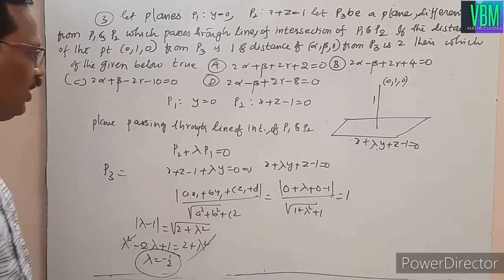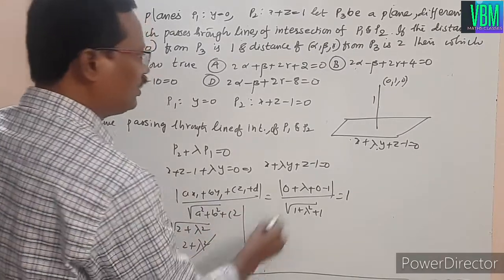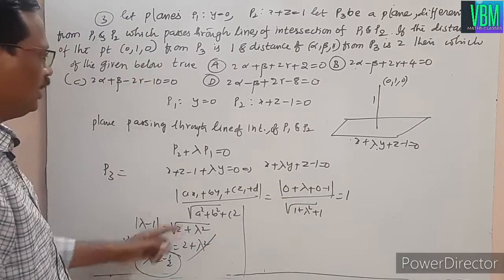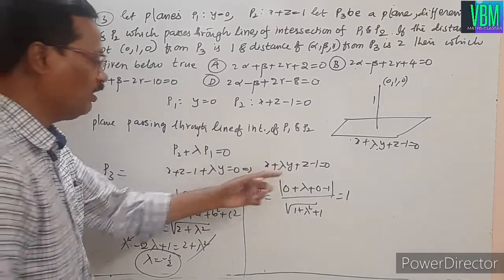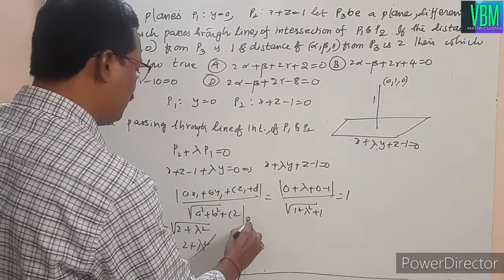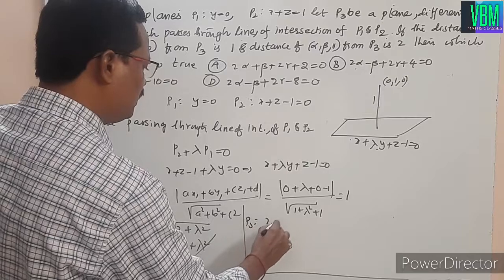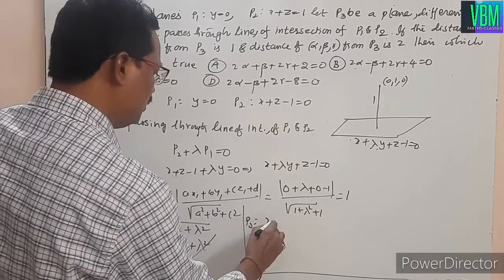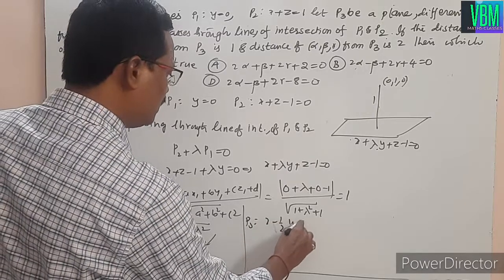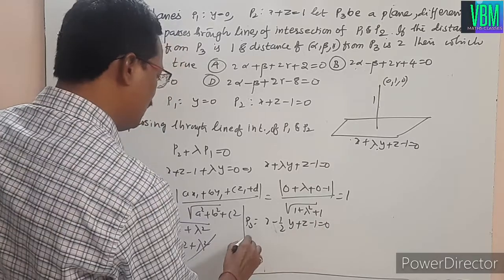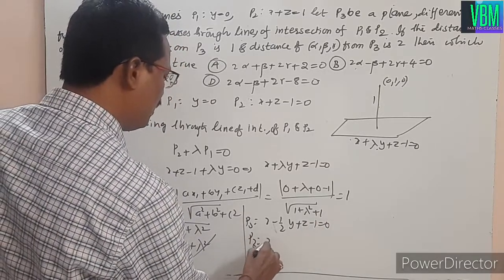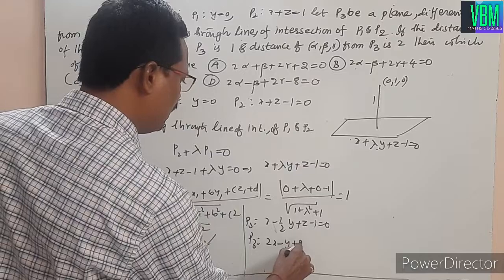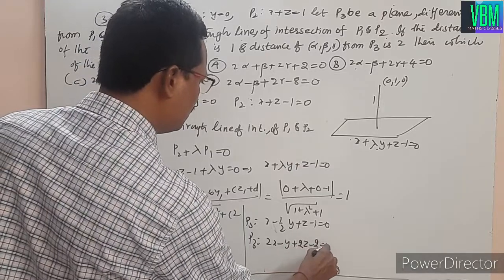Therefore, what is the plane equation? This is the plane equation. Lambda is minus 1 by 2, putting in this, we get the plane. Therefore the P3 plane is x plus lambda, minus 1 by 2, y plus z minus 1 is equal to 0. Taking LCM, for P3 we got 2x minus y plus 2z minus 2 is equal to 0.